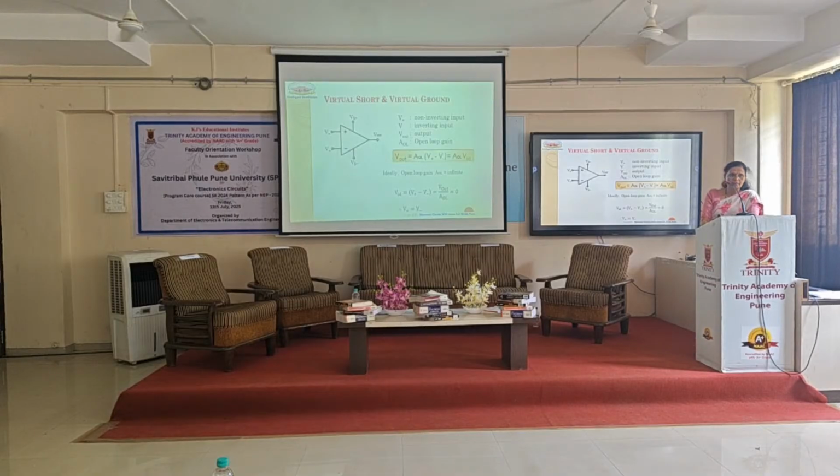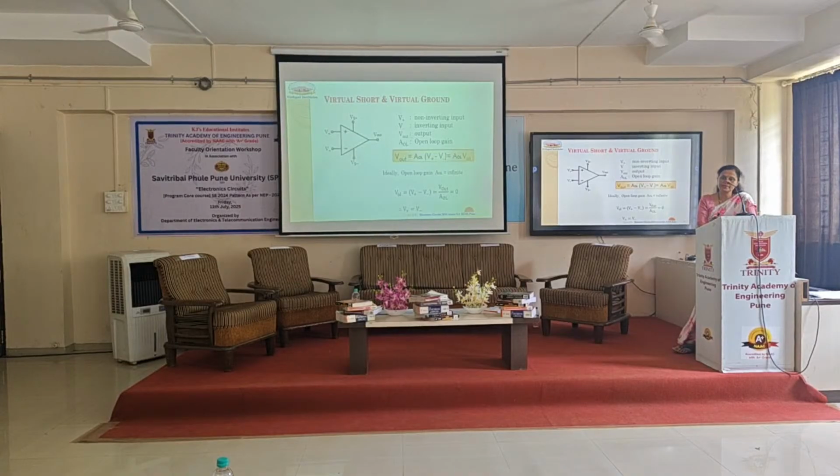Now, before going for the derivation of voltage gain, input resistance, output resistance, voltage shunt and voltage series, it's very essential to explain the concept of virtual short and virtual ground. Now, this concept is coming due to the high open loop gain of the operational amplifier.